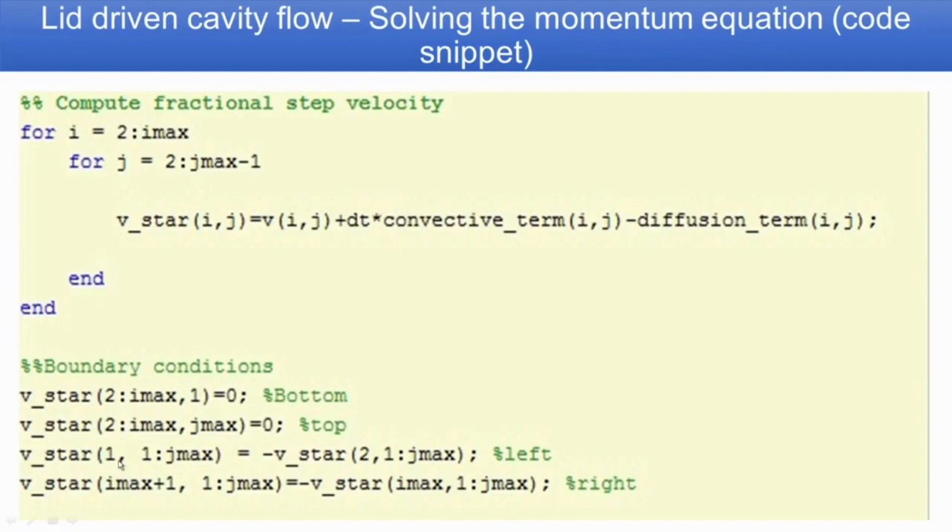So, V star(1, 1 to j max) equals minus V star(2, 1 to j max). This is for the node on the right of the left wall and this is from the ghost cell. They are equated in such a way that the boundary condition v equal to 0 is enforced on the left side wall. Similarly, for the right side wall, again using the ghost node and ghost cell, we have written a line for enforcing the boundary condition for V star. We did this in detail for u star in the beginning of this lecture.